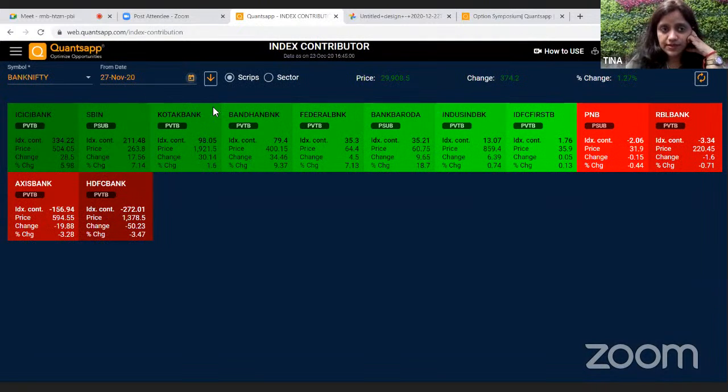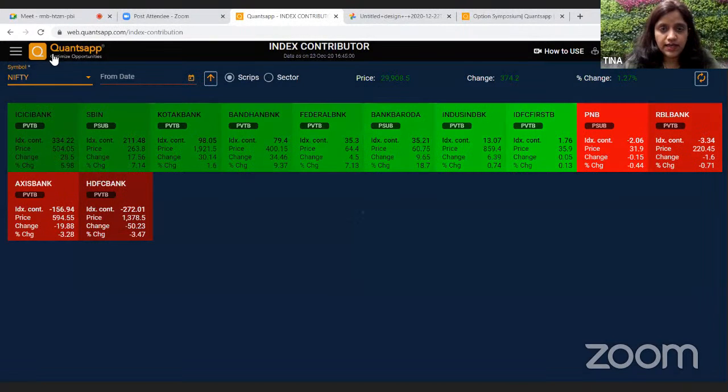In the December series, Bank Nifty is up by 375 points. We see ICICI is the top contributor, followed by State Bank and Kotak Bank. On the dragger side, we had HDFC Bank, Axis Bank, and RBL Bank. So we see that the private sector banks were losing momentum in the December series. The same if I have to do the analysis of Nifty.